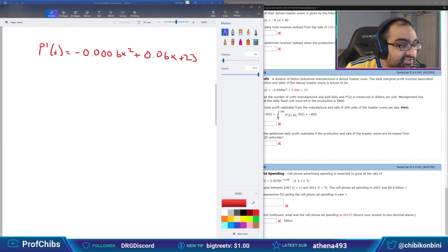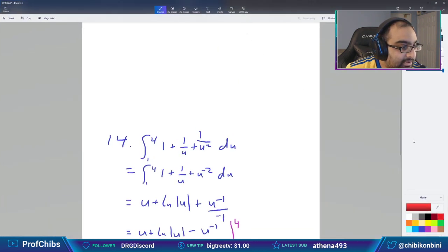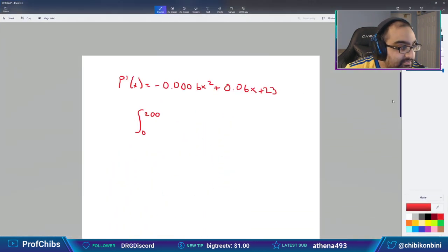Now notice it does tell us from 0 to 200. That's what we're going to be doing here. We'll go from 0 to 200. We'll factor in this minus 800 at the end here, by the way. So we'll figure out what that's going to be. But let's at least start with this.